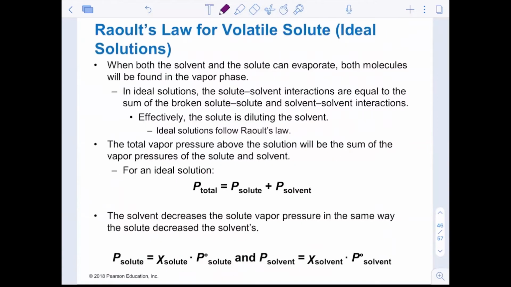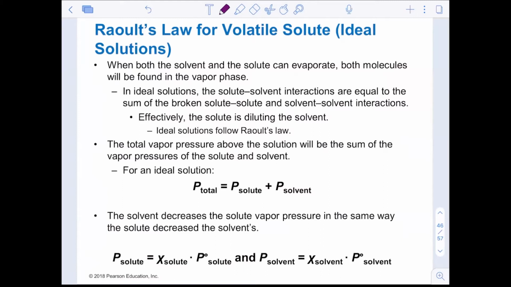We will not be doing Raoult's law for a volatile solute, okay? There does come with it the idea of Dalton's law of partial pressures, right? So you can see what it looks like, but I will not be giving you the question for Raoult's law of a volatile solute.